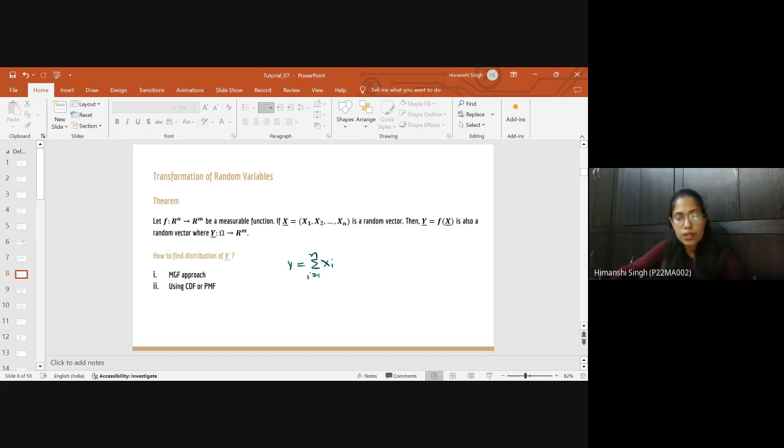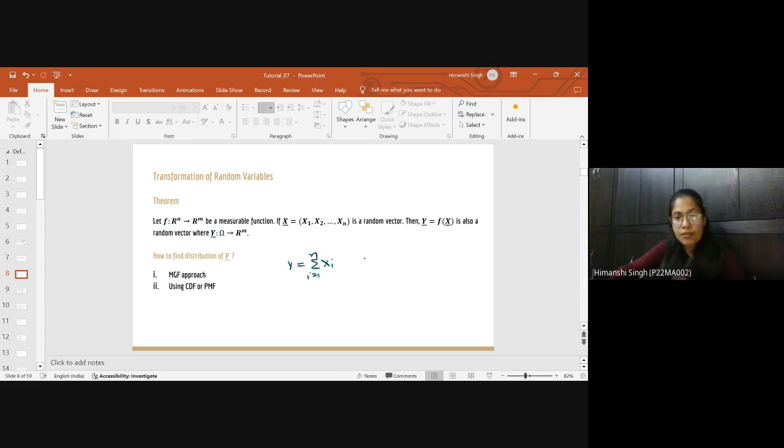I have the random variables x1, x2, ..., xn, and I am taking a function f which sums them to construct y. This is again a random vector, but it contains only one element.